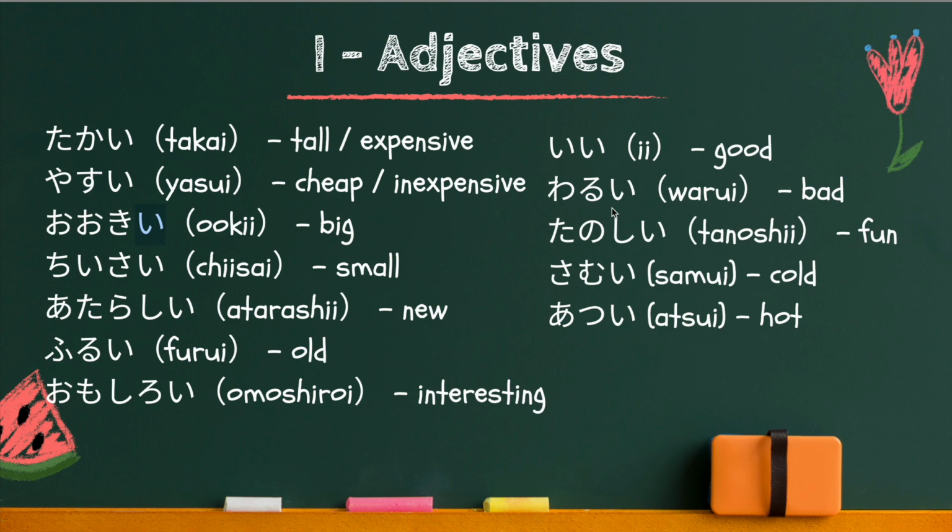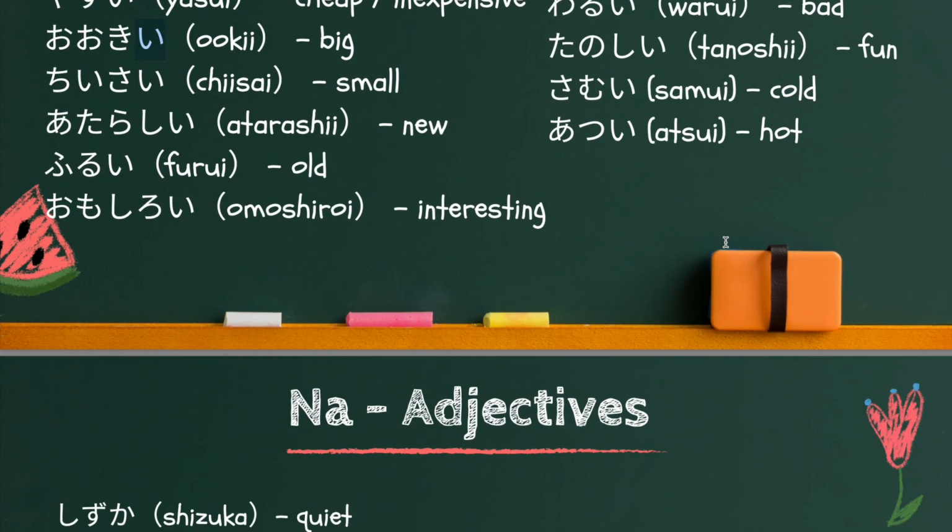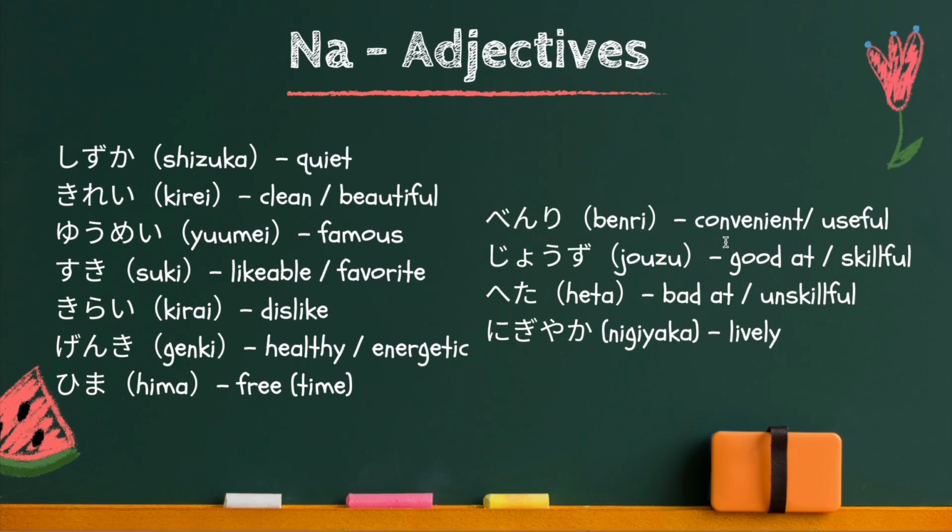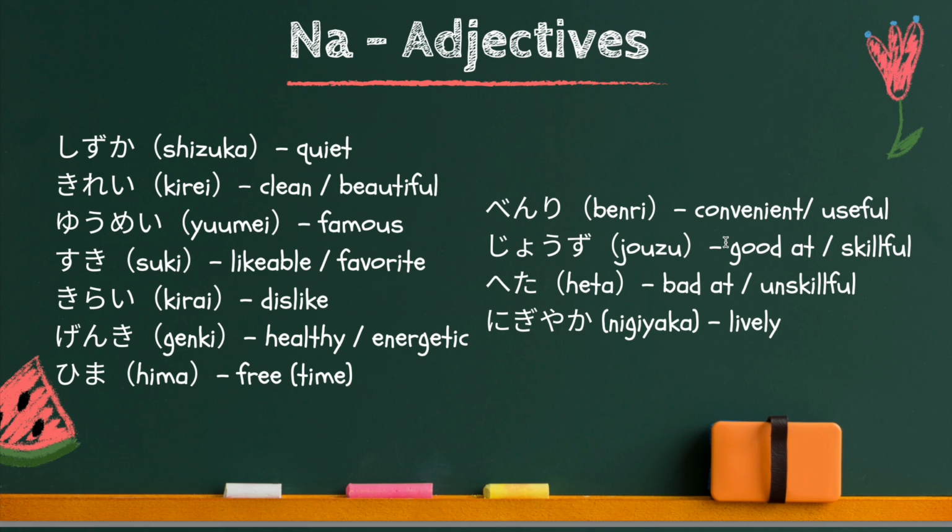But na-adjectives, on the other hand, there are many variations. Sometimes it ends with ka, sometimes ki, sometimes ma, and even sometimes na-adjective ends in i.